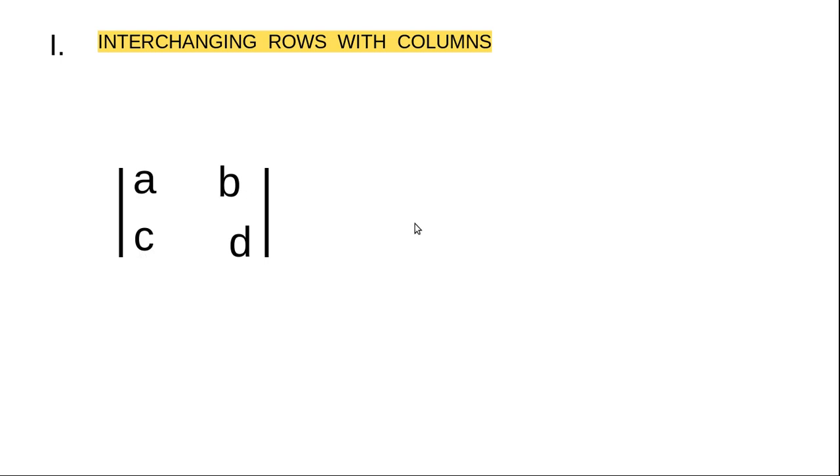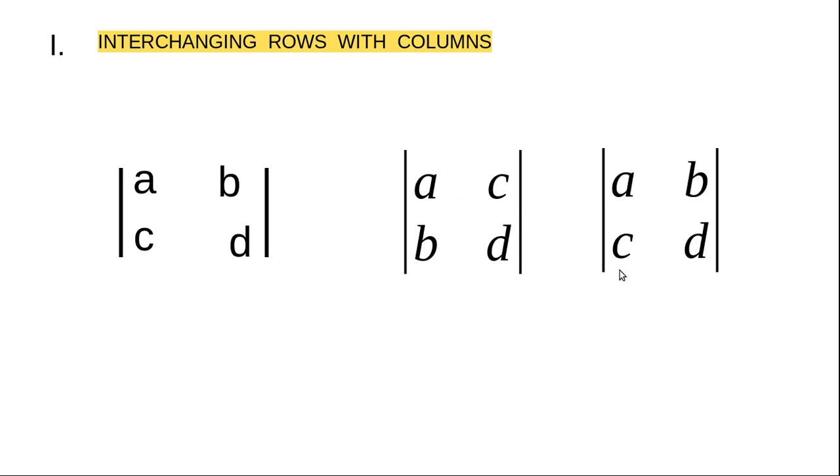In another view we may see this: this is the original determinant and this is another determinant. Now see what is the change. AC was the first column here. Now in the other matrix AC is the first row, so the first column has changed into the first row, and the first row, AB, has changed into the first column.